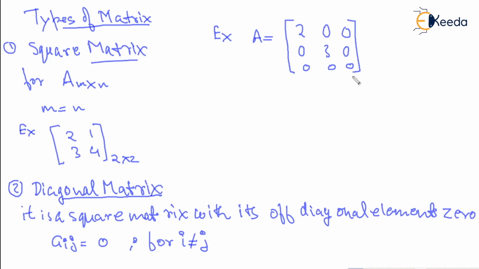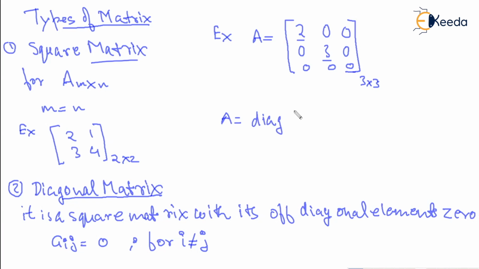So the condition is that your off diagonal elements must be 0. Your diagonal elements may be 0, that's not a concern, right? So this is a 3 cross 3 matrix with the diagonal elements to be 2, 3 and 0.